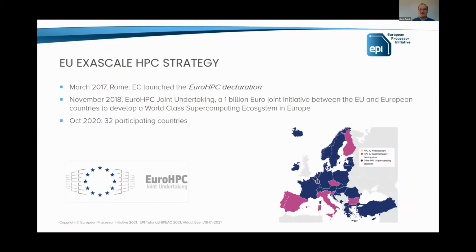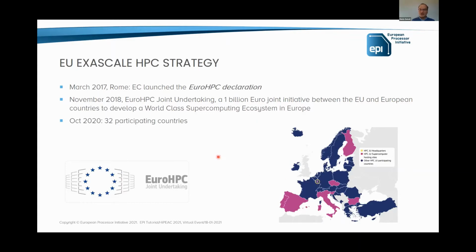And this is actually answered by the Euro-HPC joint undertaking, which is a joint initiative between the European Union, European countries, and also private partners to develop a world-class supercomputing ecosystem in Europe. Euro-HPC is a legal and funding entity. It was created in 2018 and is located in Luxembourg.